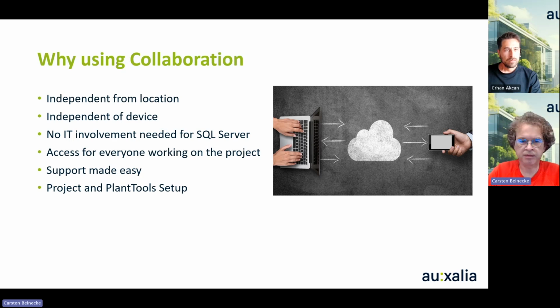Independent of your device, this is specifically true when it comes to viewing drawings. You cannot draw PNIDs on an iPhone or an iPad, but you can view your drawings or the other documents you have in your project. But of course, I'm concentrating here on the PNID or 3D drawings.